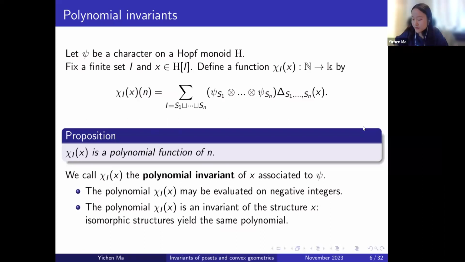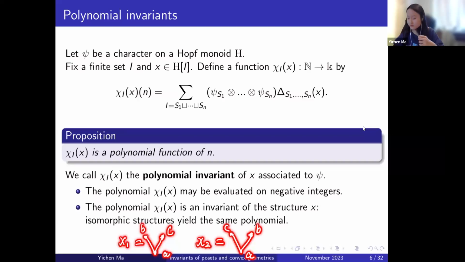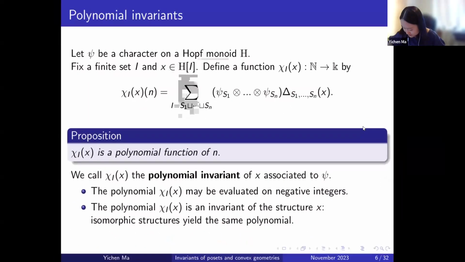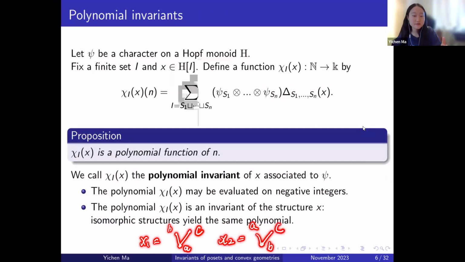For example, on the Hopf monoid of posets, if we fix a set I, and x1 and x2 have the same shape, even though they have different labelings, since they have the same structure, they yield the same value in the polynomial invariant.